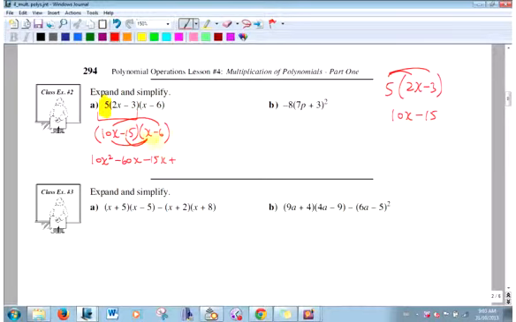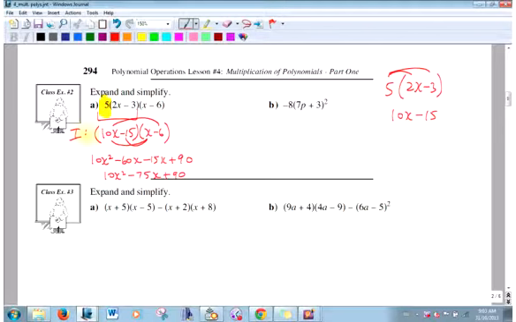What's 6 15s? 90. Okay, can I collect a couple of things? 10x squared minus 60 minus 15, that's minus 75 x's plus 90. Okay, that's method one.